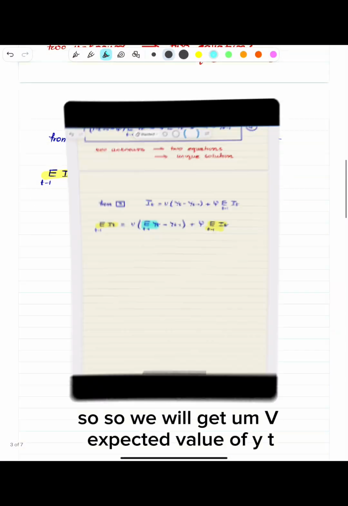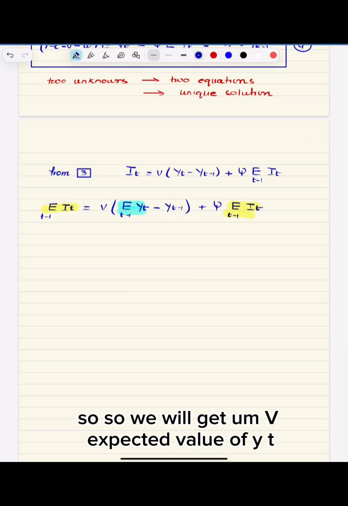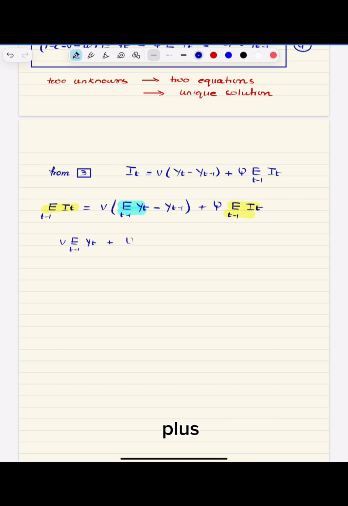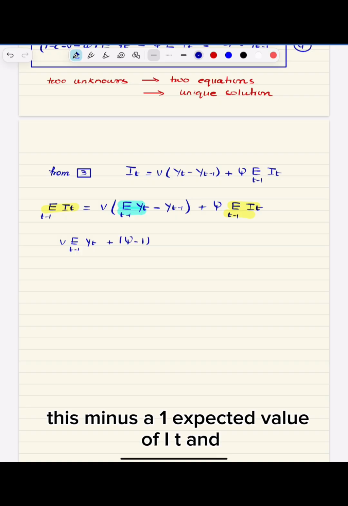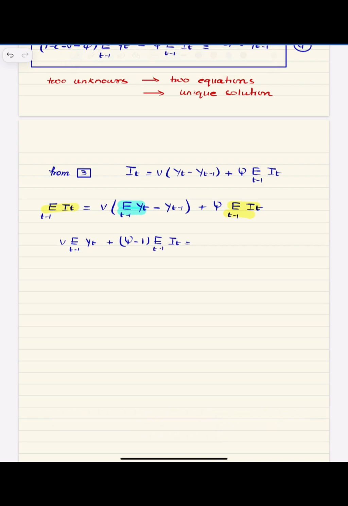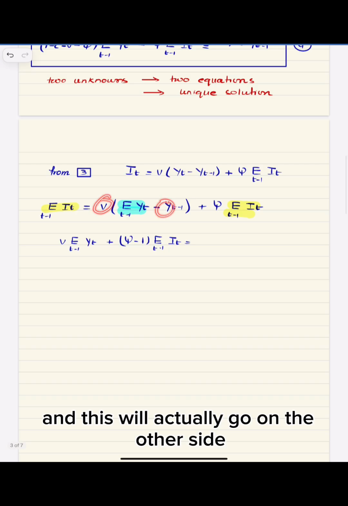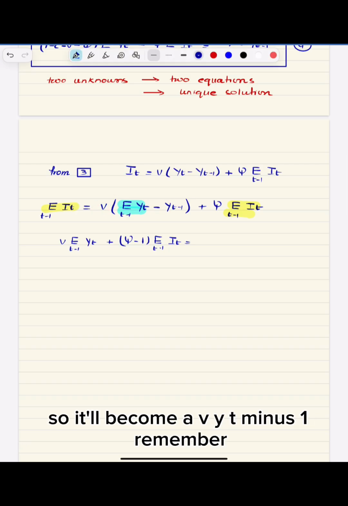Okay, so we will get v expected value of yt plus this minus a 1 expected value of it, and this will actually go on the other side, so it'll become a v yt minus 1.